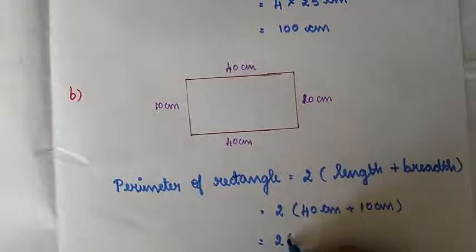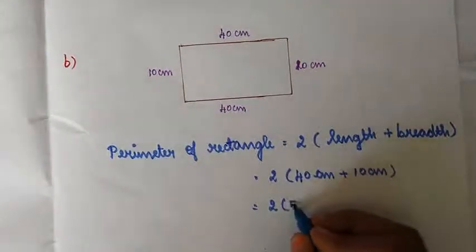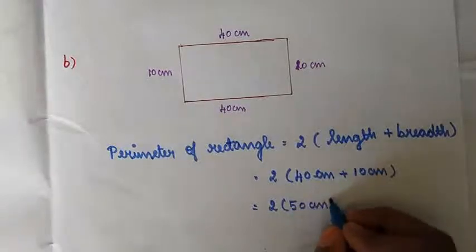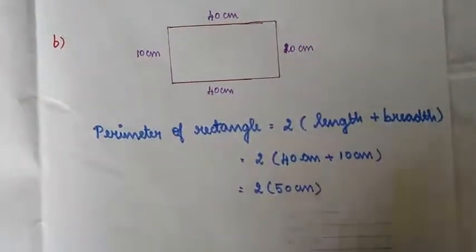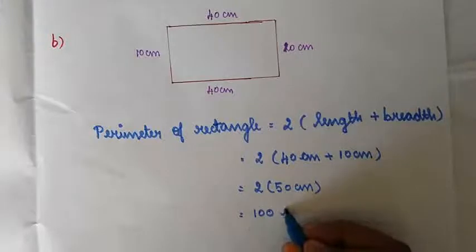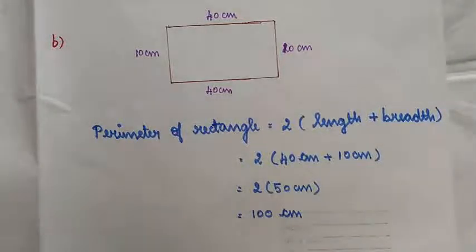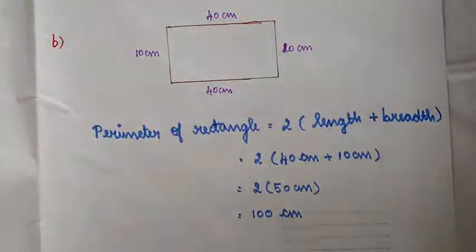So 2 into 40 plus 10 means 50 centimeter. 2 into 50 is 100 centimeter. This sum is over.